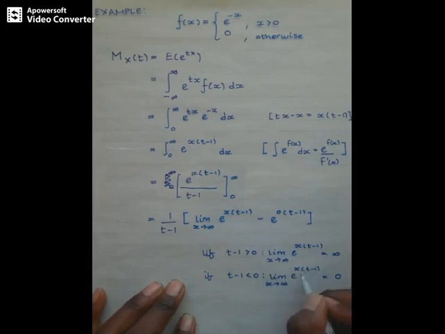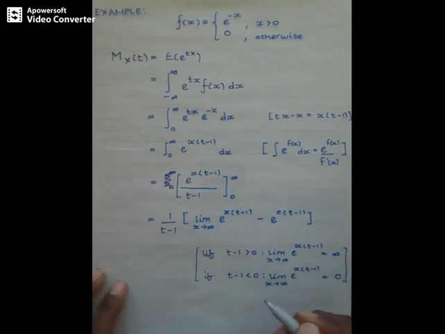Remember, when you have a negative power, you take the reciprocal. So it ends up being 1 divided by e to the power of this thing. And obviously, if the denominator gets larger and larger, then that limit is going to go to 0. So this is just a side note.